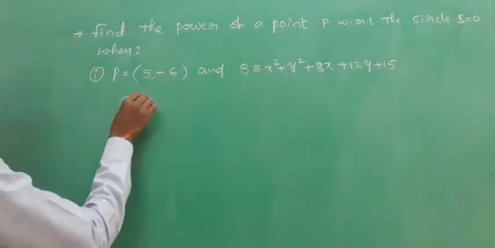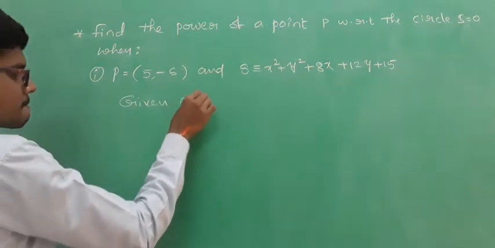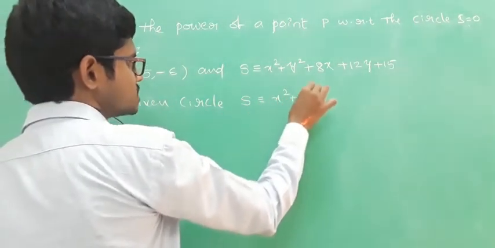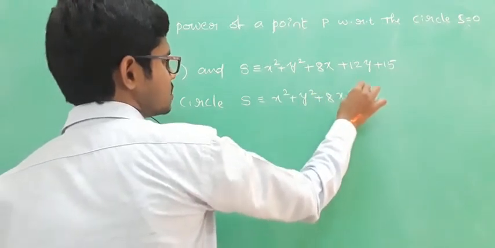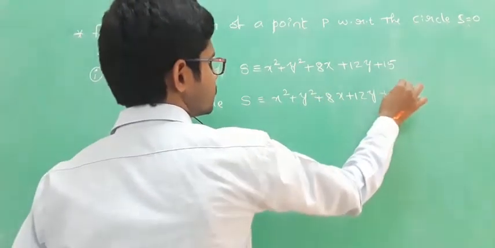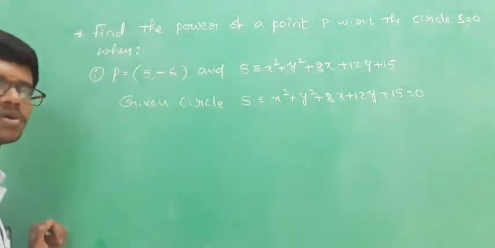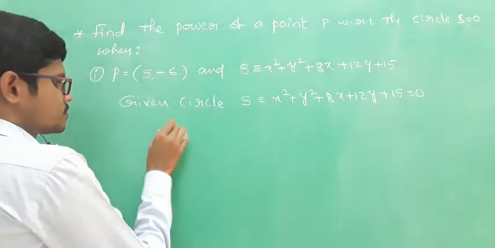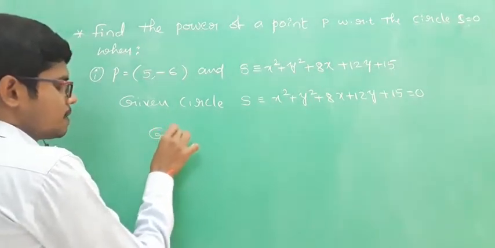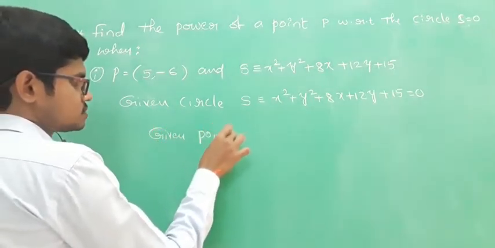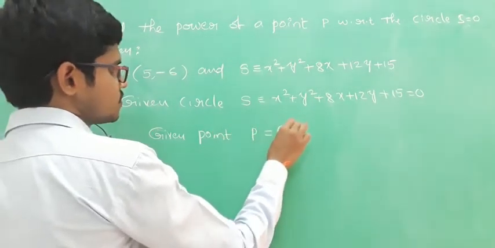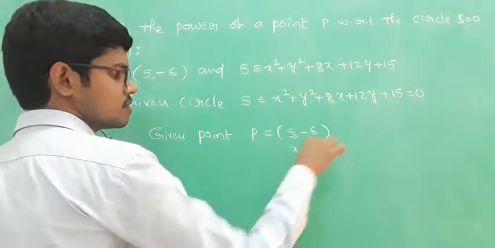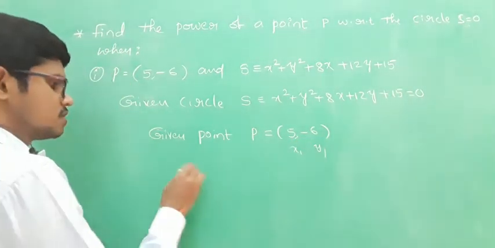A given circle x square plus y square plus 8x plus 12y plus 15 equal to 0, and the given point P is (5, -6). Let it be x1 and y1.